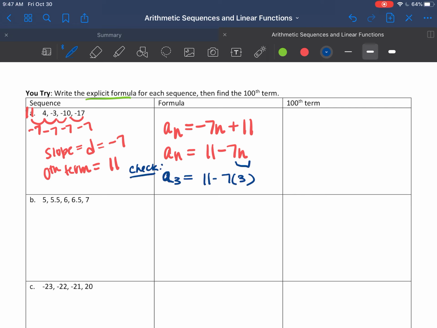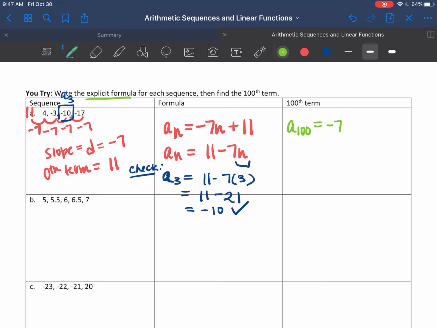And so this is just checking. A sub 3 should be this negative 10. And by our formula, it works.